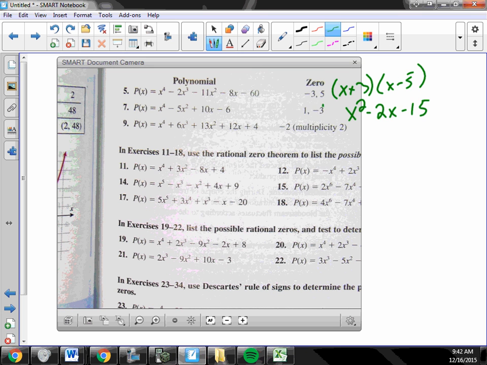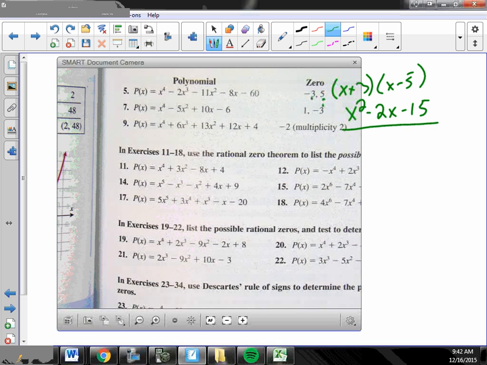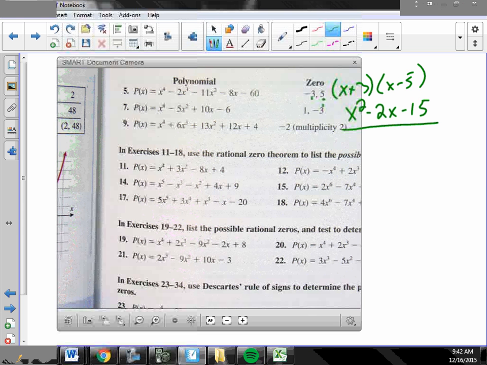So I either divide synthetically with negative 3, write the new equation, and then synthetically divide again with 5, or I can long divide with this and just do it once. I personally prefer synthetic division twice versus a lengthy long division.